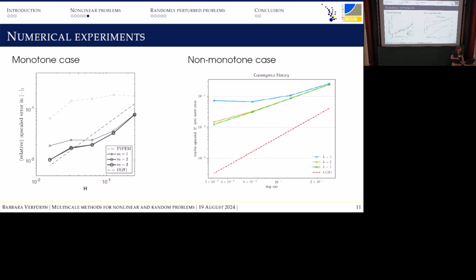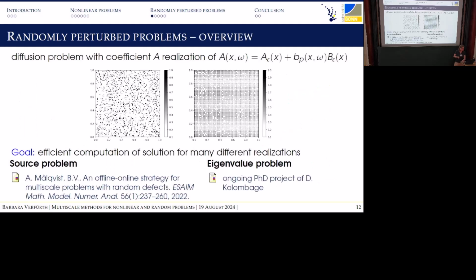Considering time, I would like to shift gears now and move from the non-linearity to the randomly perturbed problems. First of all, I would like to tell you how I understand randomly perturbed for the moment. Namely, I want to look at the diffusion problem, again a very simplistic problem to focus on the ideas, where the coefficient A is a realization of the following form.